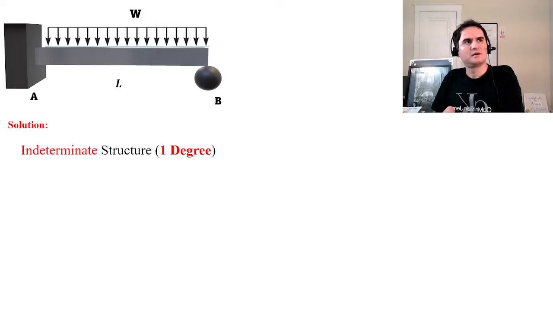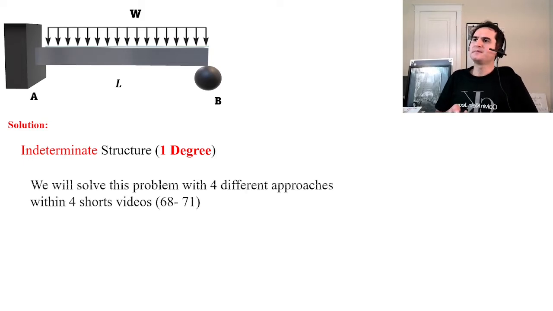Again, as I told you, this structure is 1 degree indeterminate. Within the course of the next 4 videos, we are going to solve this problem with 4 different approaches, which started in this video, which is 68, and the last three approaches in 69, 70, and 71.